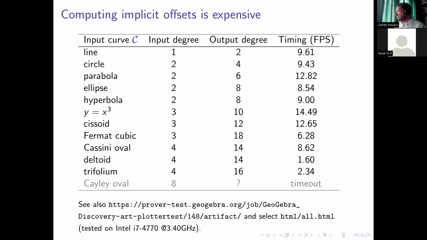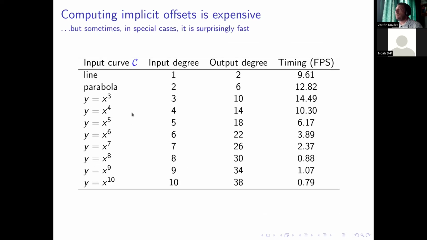But then we tried to compute very simple curves. It means that we tried to compute the offset curve and visualize them for such very simple cases, simple in the sense that they are just monomial terms. So x cubed, x to the fourth, fifth, sixth, and so on.